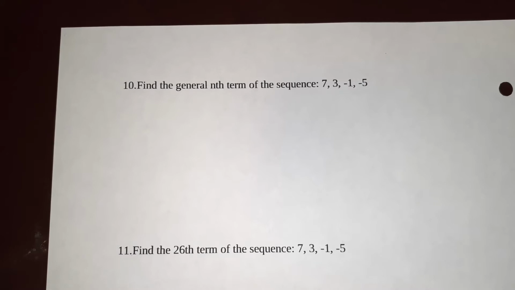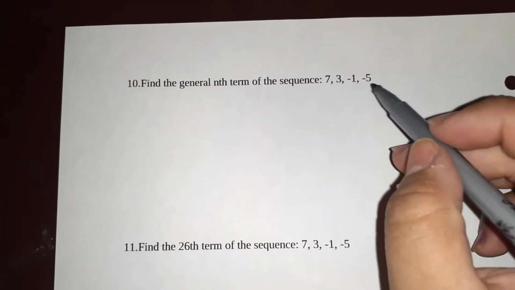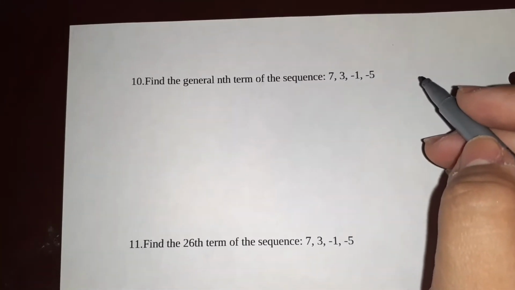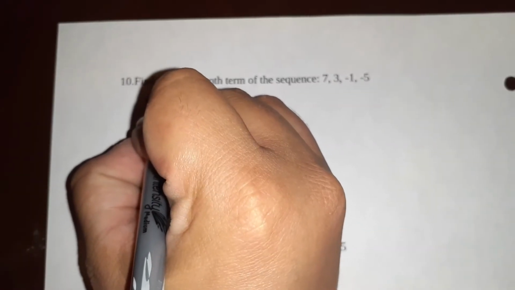So the very first thing that we're going to do is we are going to find the distance of our sequence. So you know what, let me write down the formula first.